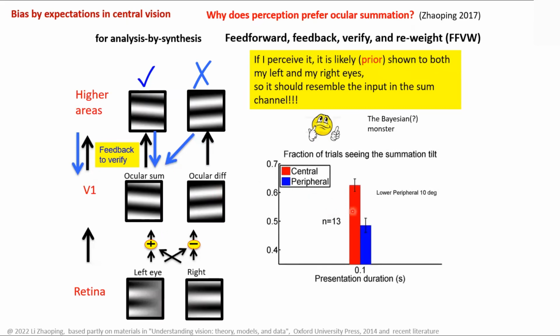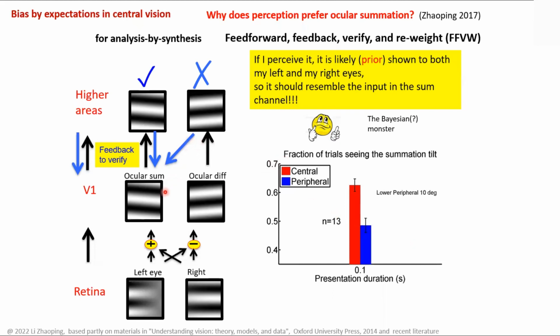It turns out that if you do this in peripheral vision, you don't have this bias. It's 50-50. So this gives the hint that this bias is stronger in central vision than in peripheral vision. In this case, peripheral vision actually has no bias. But you say, wait a minute, shall we do something else? It's not tilt perception. How about color perception? How about motion perception?